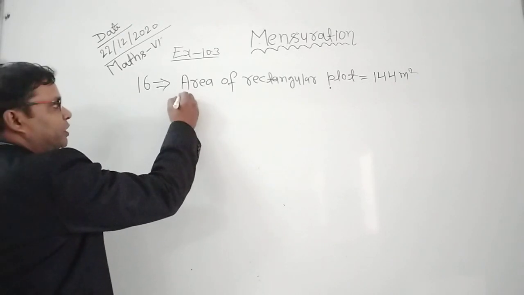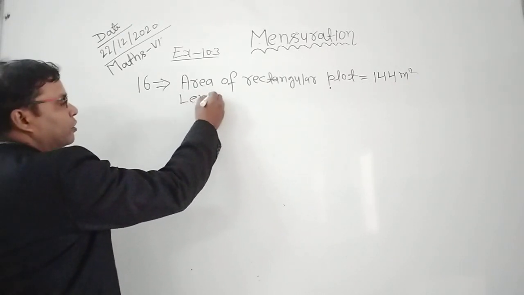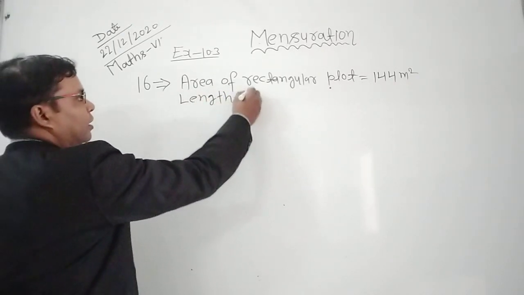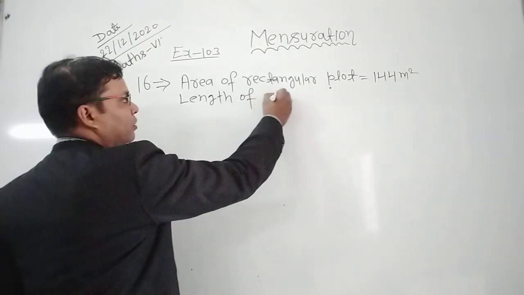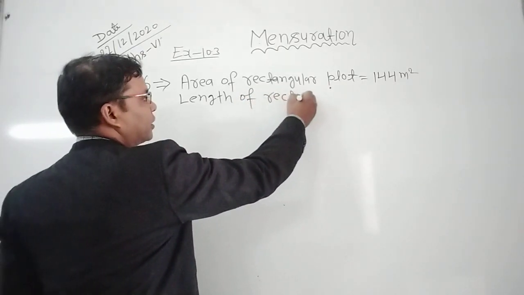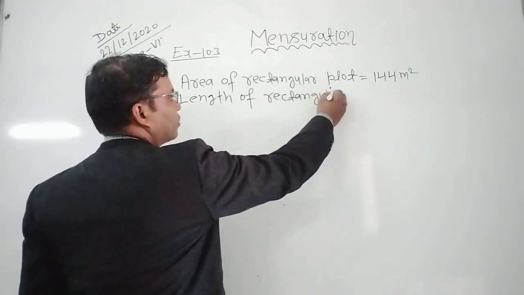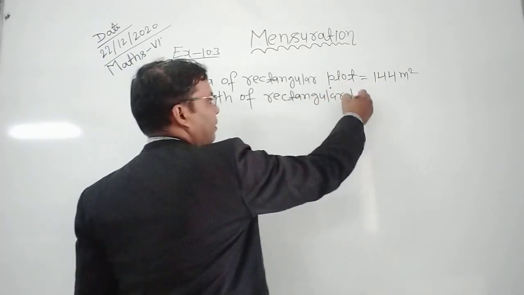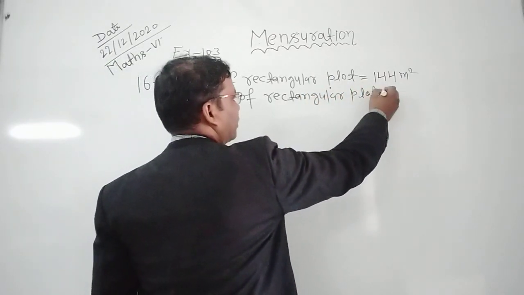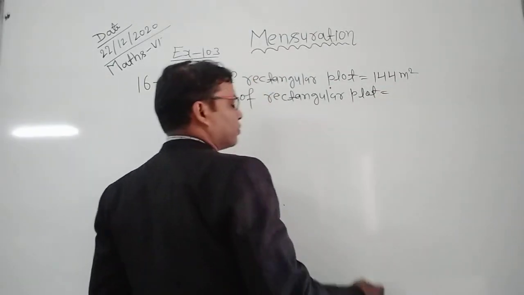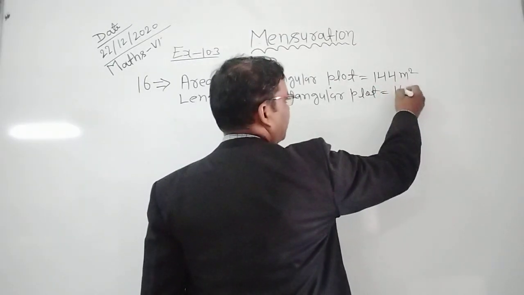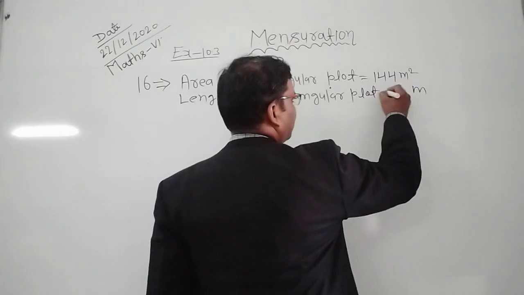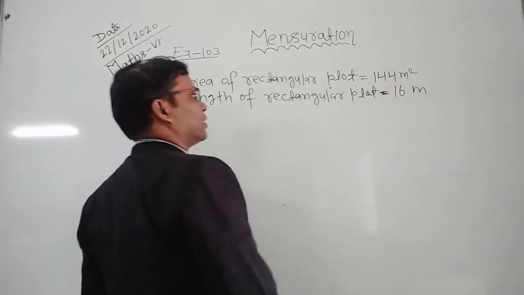Length of rectangular plot is also given here. Length of a rectangular plot is 16 meter.